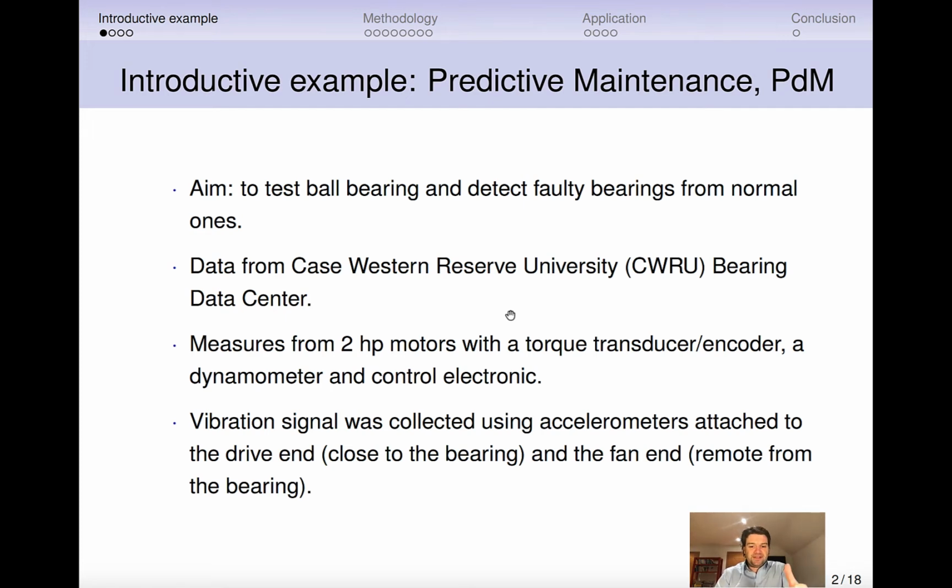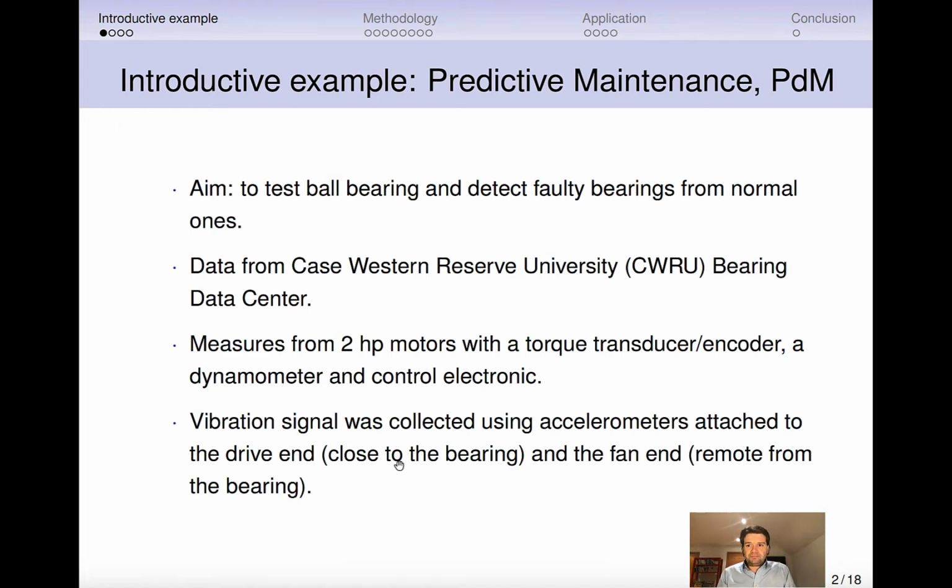We have this. Specifically, there are different measures. There is a torque which is measured. There is a force with the dynamometer. There is a control electronic. But more important are vibration signals that are collected using accelerometers. An accelerometer close to the drive end, another accelerometer close to the fan end, close to the bearing, the first one close to the drive end.